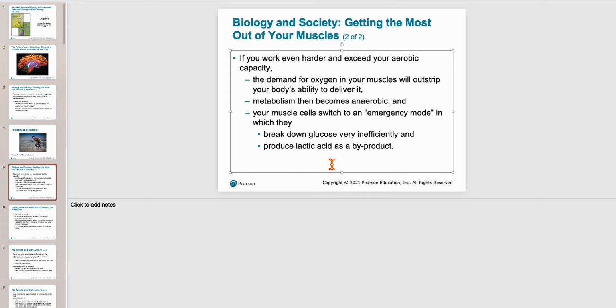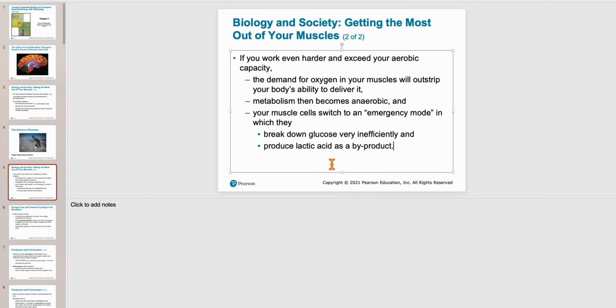Lactic acid takes about 48 hours to process by the liver. Now that would be a good test question later on, so it's important that you keep that in mind: lactic acid is produced in the muscles when we are anaerobic, and it takes about 48 hours for the liver to process it.